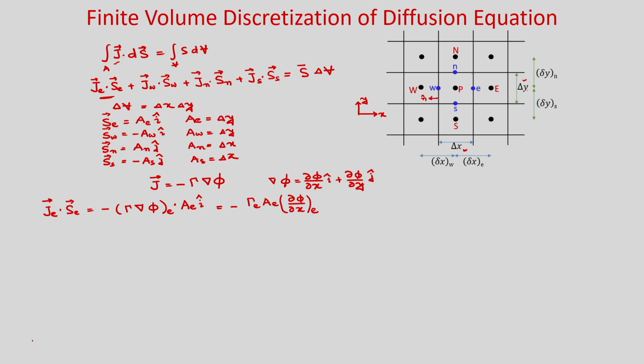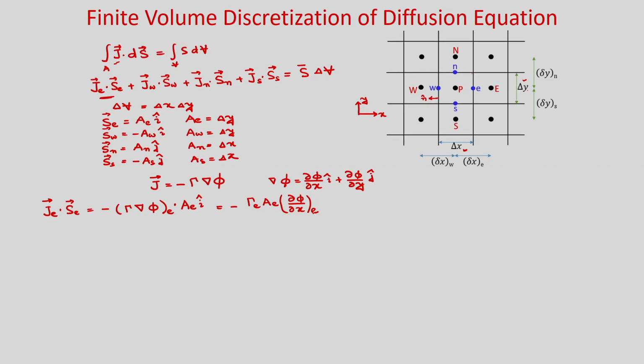Now, gamma may be constant, then gamma will be uniform, but in general we have written gamma at the east face. If your diffusion coefficient is varying, then you can have different values at different faces, but if it is constant it will be the same value. And this del phi by del x at each face you have to find, the gradient at the face center E. So, again we have to make assumptions.